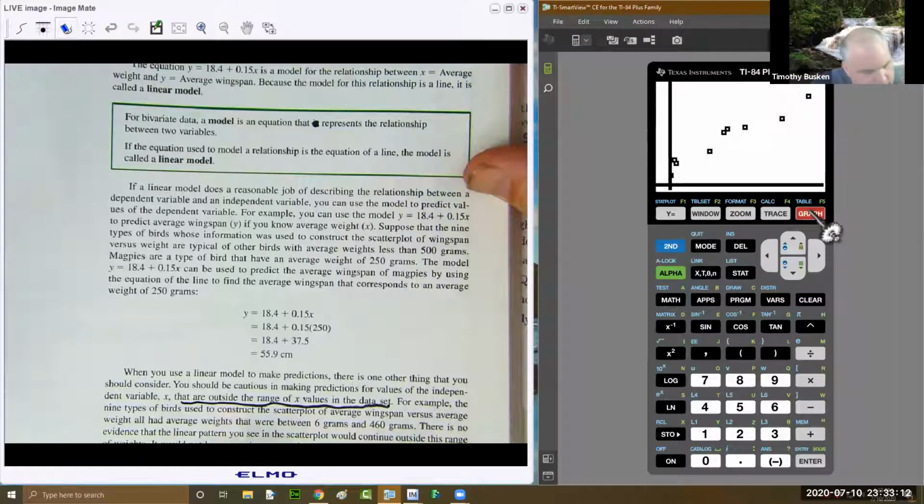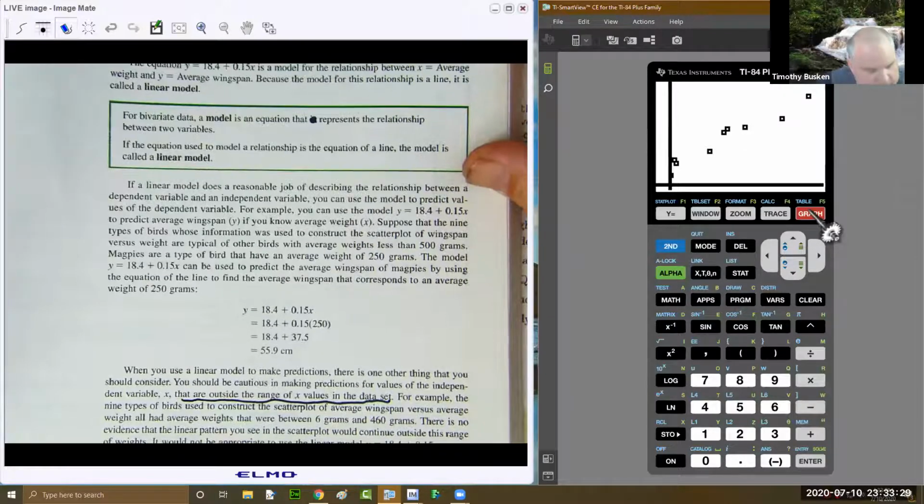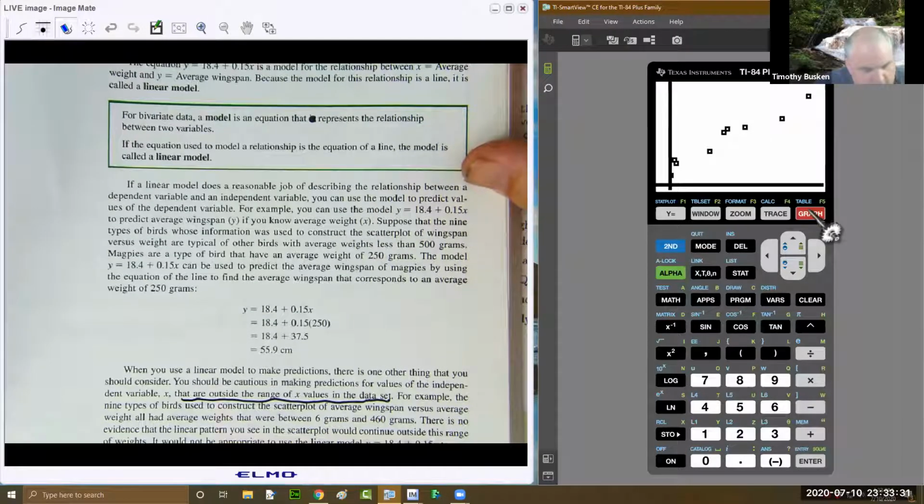For example, the 9 types of birds used to construct this scatter plot of average wingspan versus average weight all had average weights that were between 60 grams and 460 grams. There is no evidence that the linear pattern you see in the scatter plot would continue outside the range of weights from 60 grams to 460 grams.